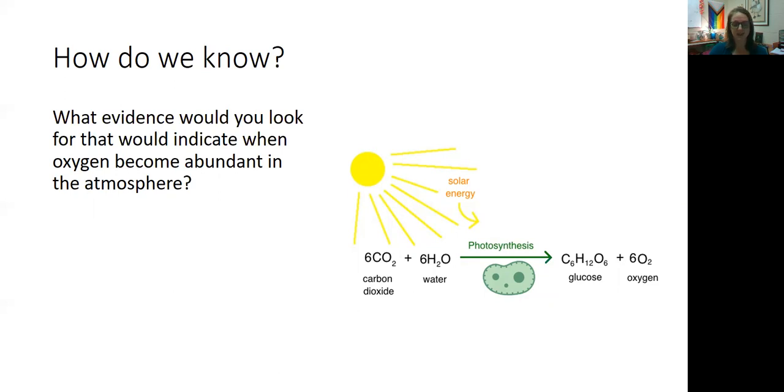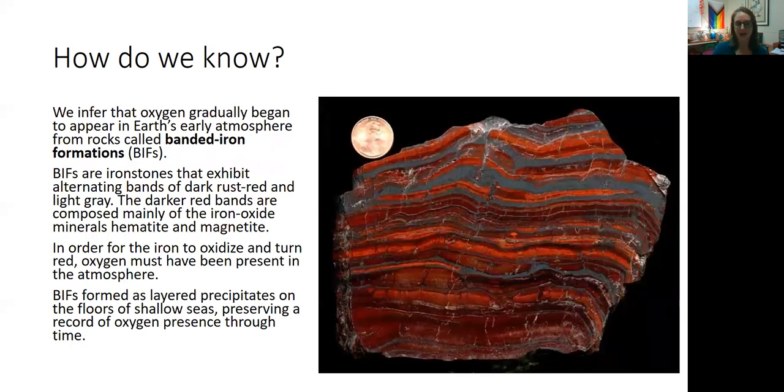One of the biggest lines of evidence is what we call banded iron formations. Now, these are rocks. And they can only form when there is oxygen in the atmosphere. Okay? Banded iron formations are ironstones that exhibit different bands of really dark gray colors to a brighter, dark rusty red color.